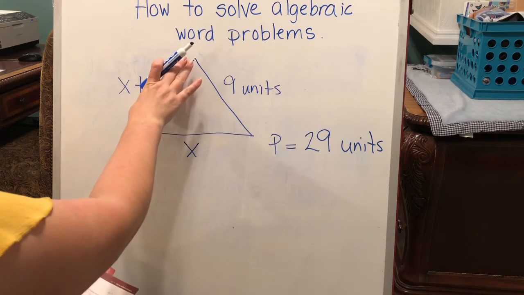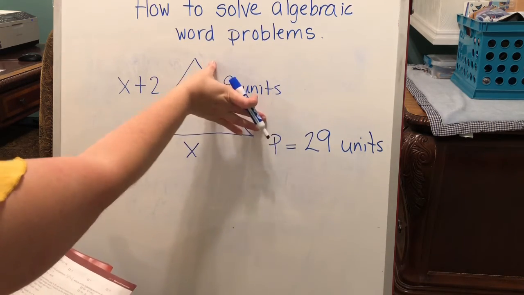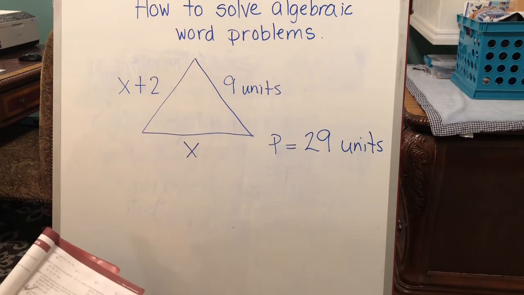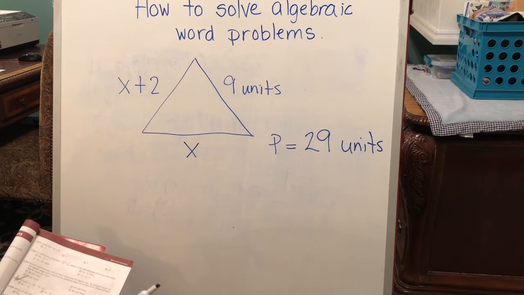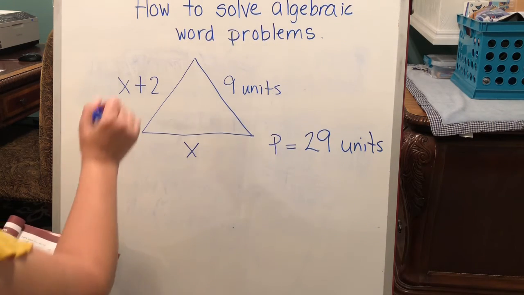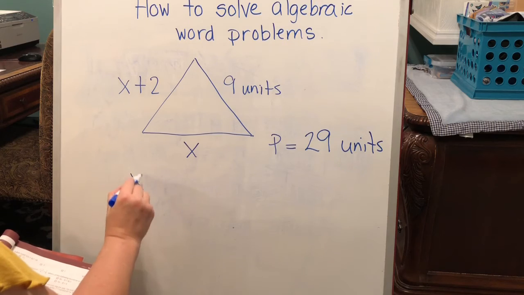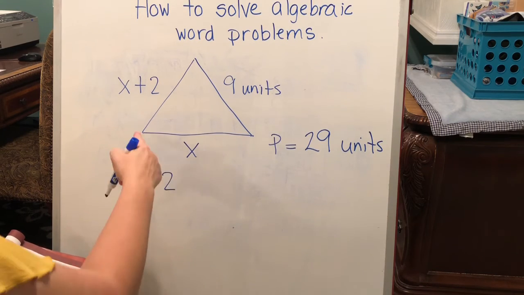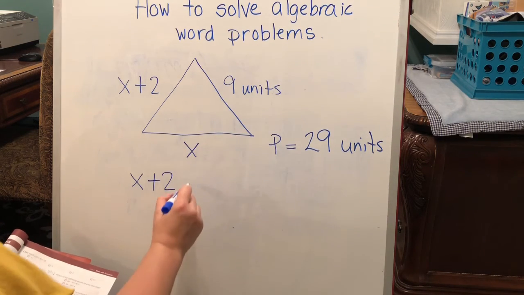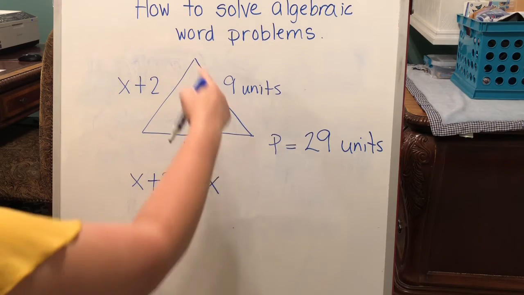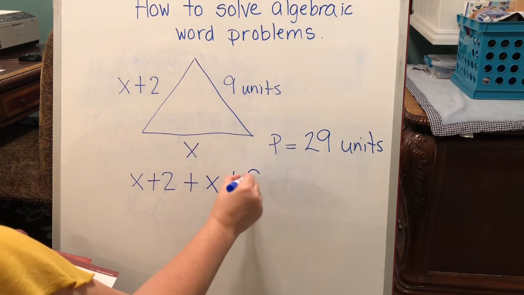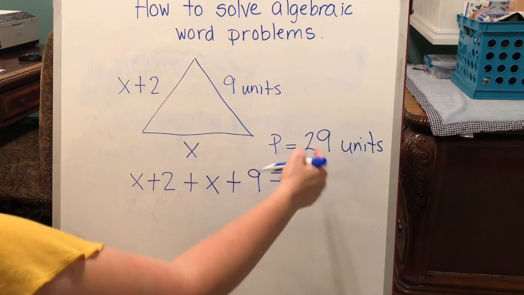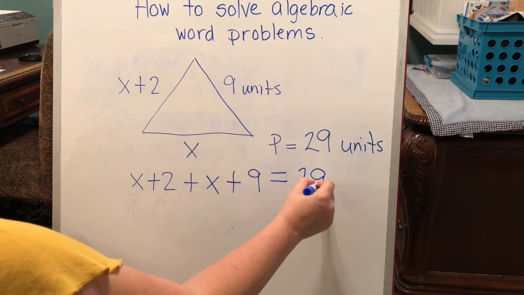So this side plus that side equals perimeter. So that's understood. We know that. So we're going to take the first side, X plus 2, and we're going to add the second side, plus X, and take the third side, plus 9, equals a total of 29.